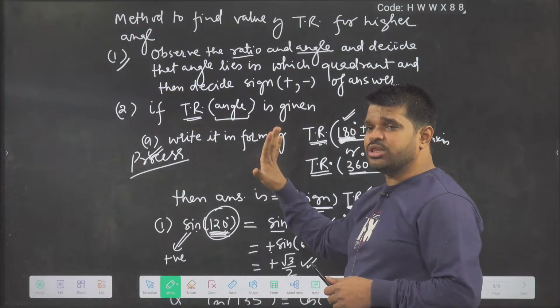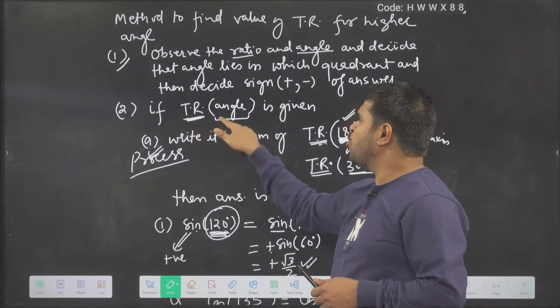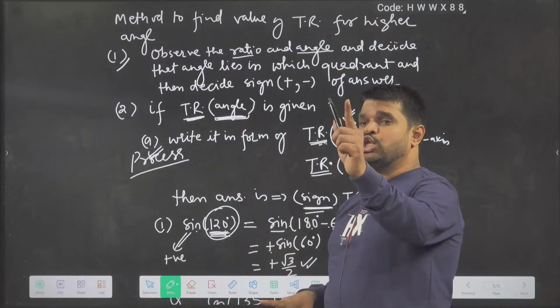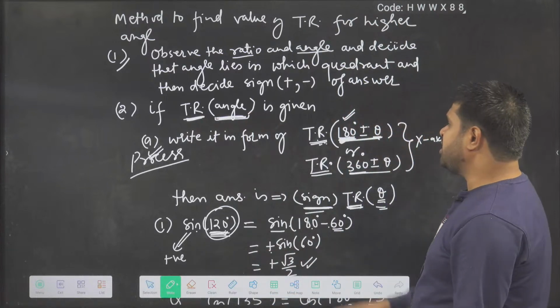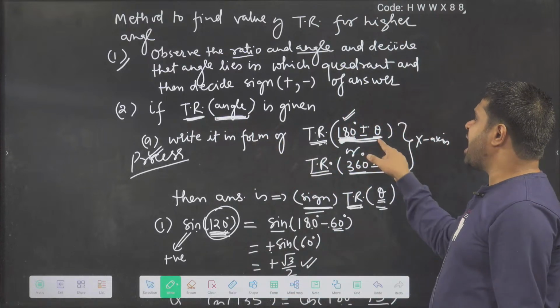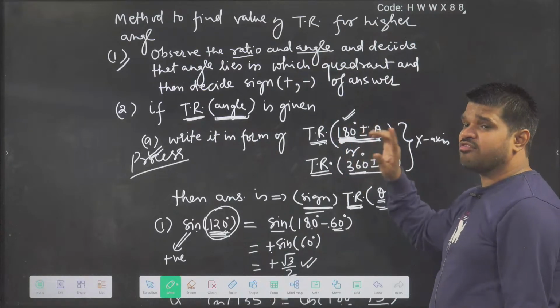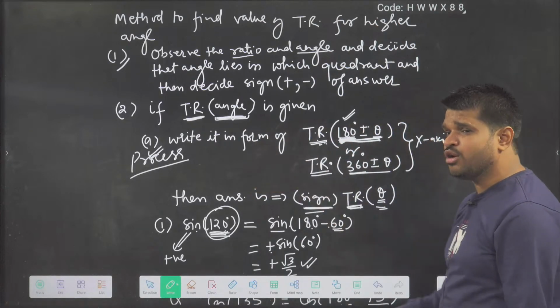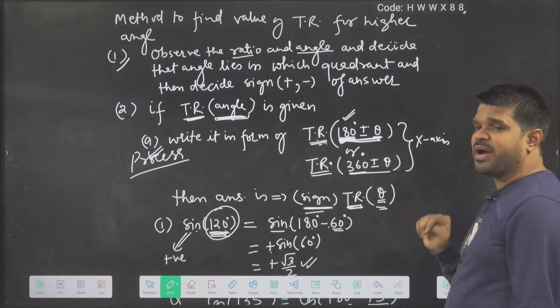Second, the question is given to you in this form. Any ratio, any angle. Okay? Your first objective is to write this angle either using 180 plus minus something or 360 plus minus something.